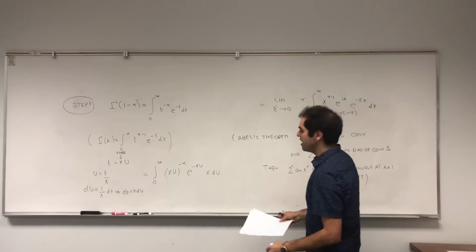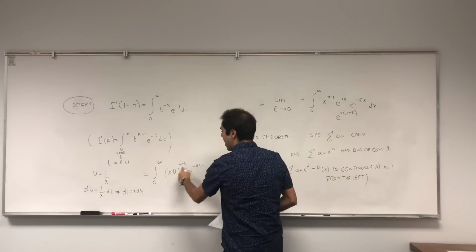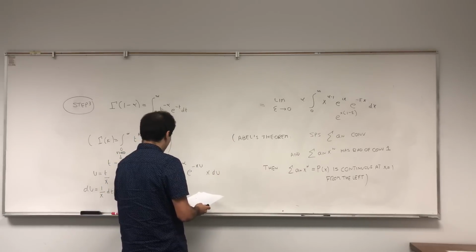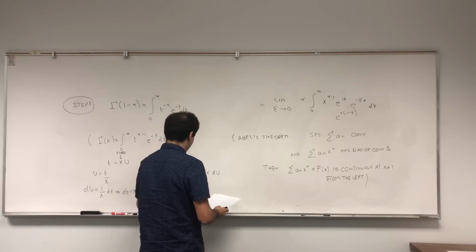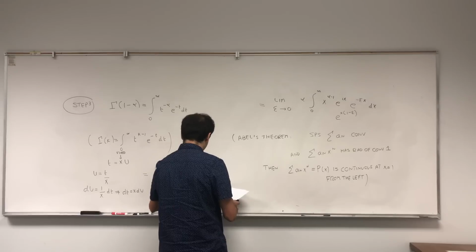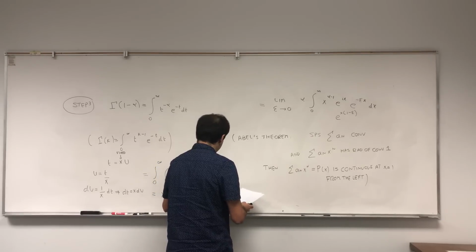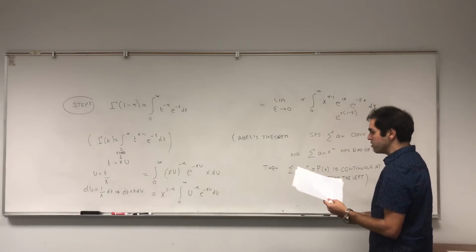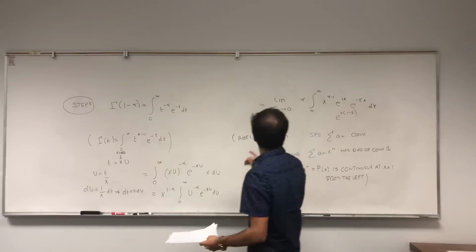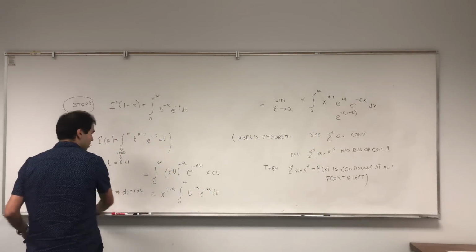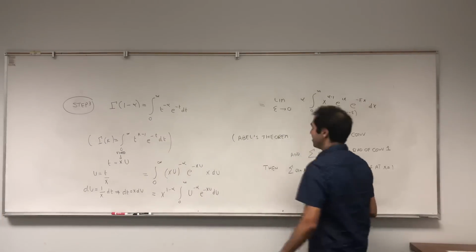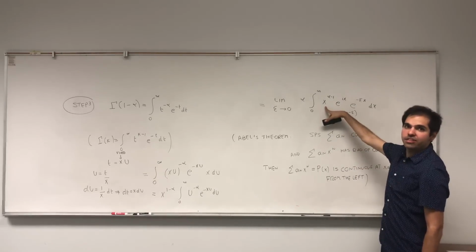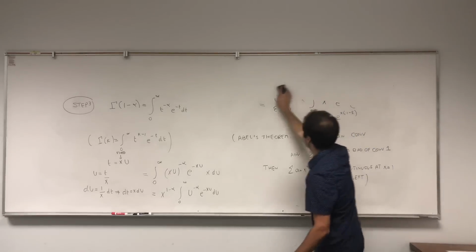Which we can simplify. Notice x to the minus alpha comes out of the integral. So we're left with x to the 1 minus alpha times the integral from 0 to infinity of u to the minus alpha e to the minus xu du. And in particular, we have a nice identity for x to the 1 minus alpha, or I guess x to the alpha minus 1, in terms of the gamma function. The reason we're using this is because this integral involves x to the alpha minus 1.